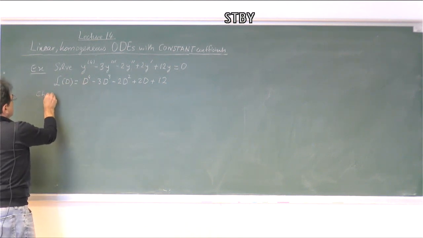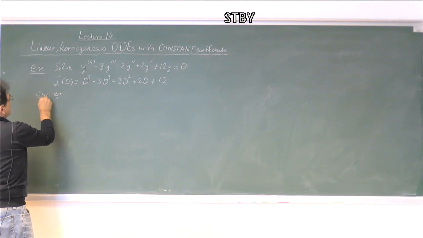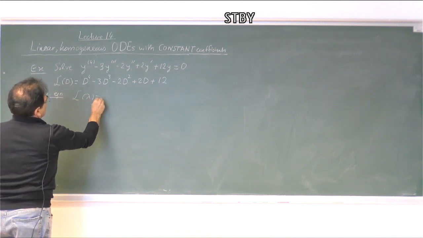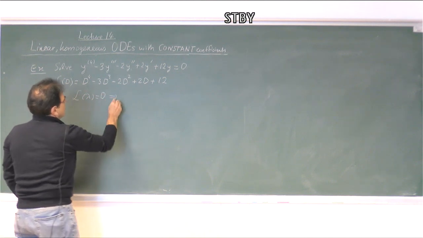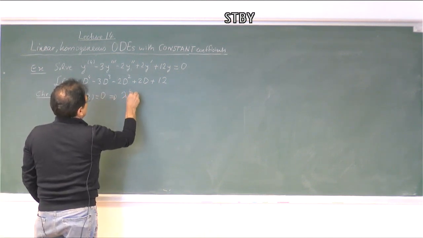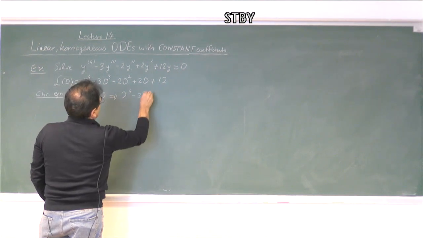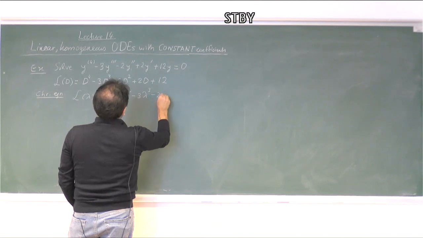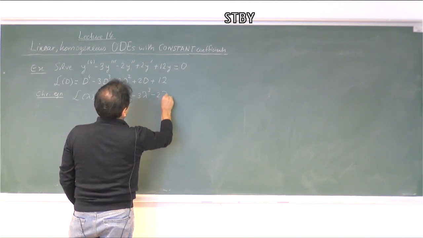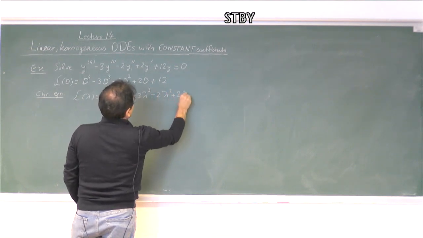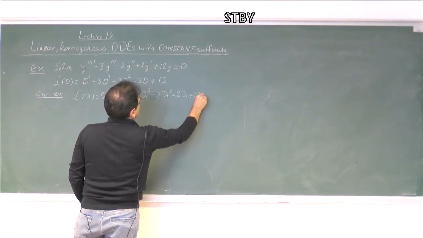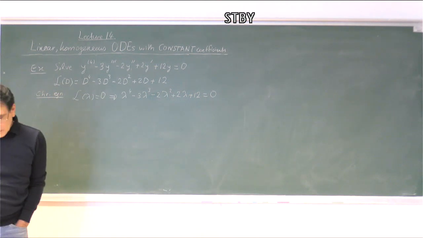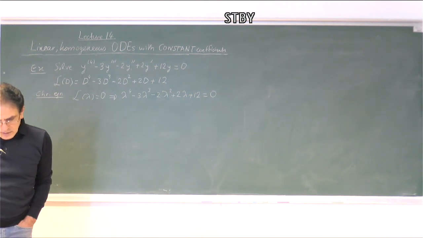And the characteristic equation is this one, or explicitly lambda^4 minus 3 lambda^3 minus 2 lambda^2 plus 2 lambda plus 12 is 0. Okay.